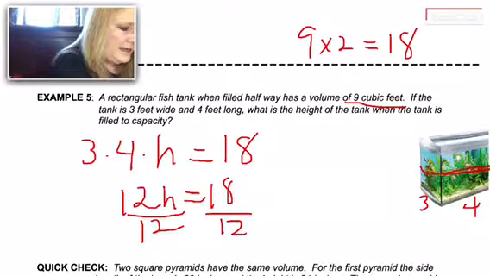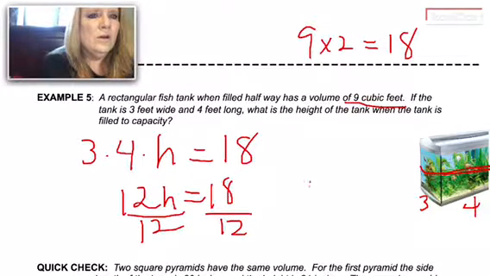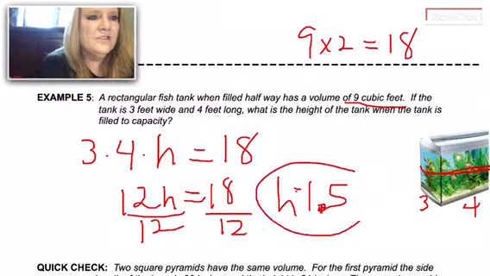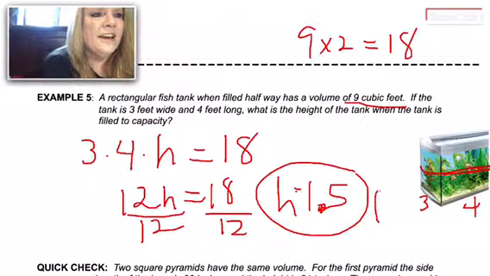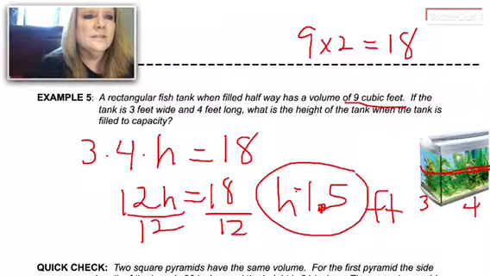And 18 divided by 12 is 3/2, or 1.5. So the height of this fish tank filled to capacity would be 1.5, and these are feet. Sorry, my writing gets so bad on this.